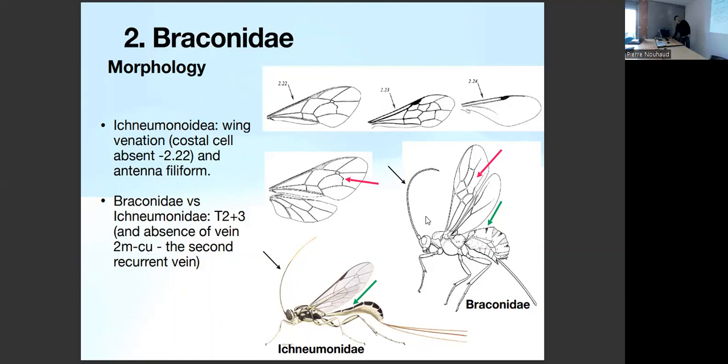This is how you can easily identify an Ichneumonoidea. And to differentiate the Braconids from Ichneumonids is easier as well. You just need to check the second and third tergites of the metasoma. If they're fused, it's a Braconid. Okay, it's pretty easy. So if you find some, you can bring it to me.